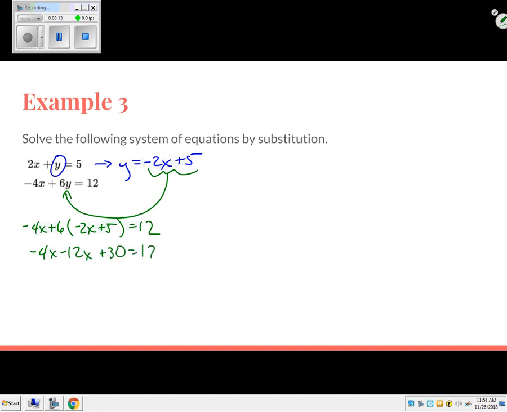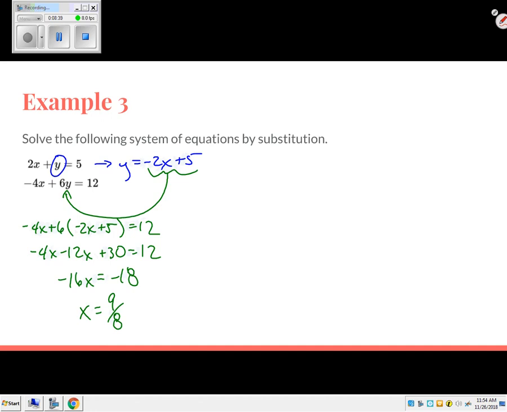I try to avoid that in the homework and in the quizzes. I think it's good that we see this because it gives us an idea as to why we want to have a different system. So if I divide both sides by 16, I get 9/8. 9/8 would have been hard to find if I was just graphing this. I might accidentally just call it 1 instead of 9/8.